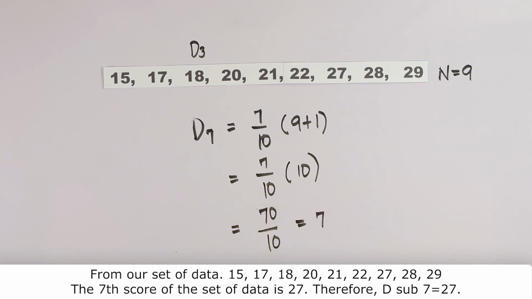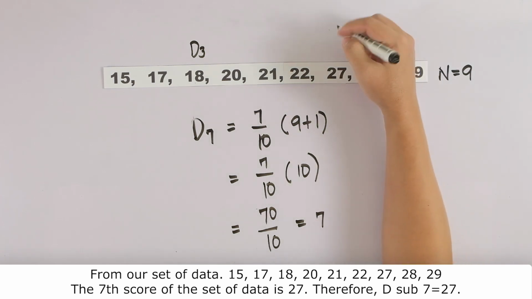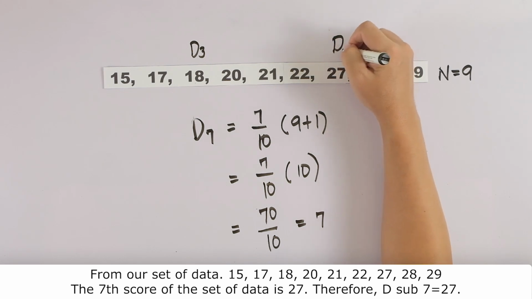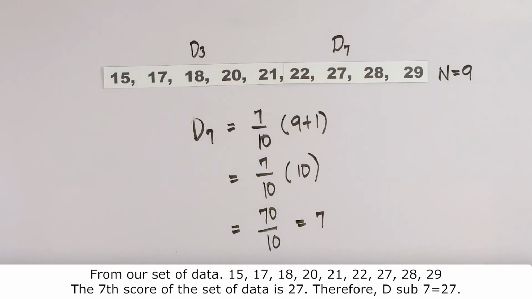From our set of data 15, 17, 18, 20, 21, 22, 27, 28, and 29, the seventh score of the set of data is 27. So therefore, we can say that our D sub 7, or the seventh decile, is equal to 27.